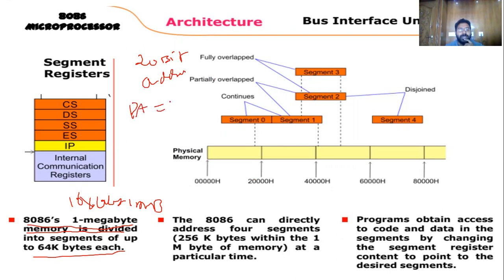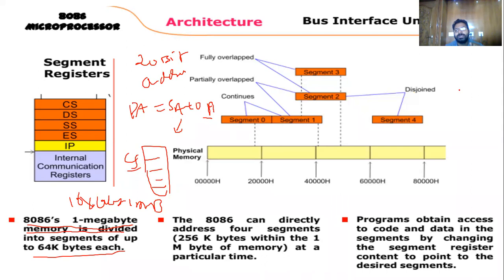It has the segment address plus the offset address. The segment address identifies the starting address of any segment, which may be code, data, stack, or extra. The offset address identifies the data available in the segment.